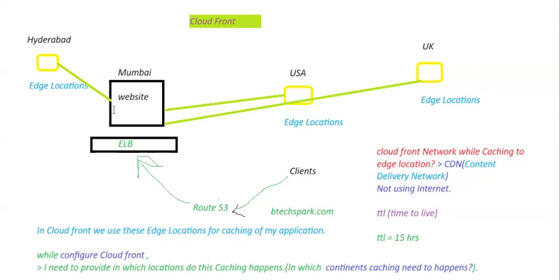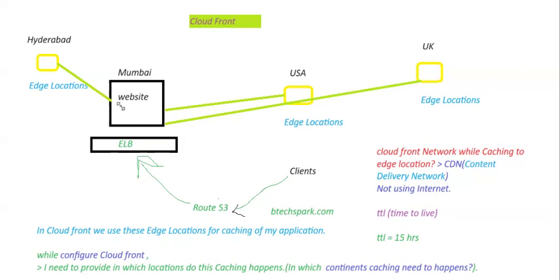Let me tell you the concept first, and after that I can explain an example. I want to change my application data. Here in the application I have provided some data. Now I want to change the data immediately in my edge locations.